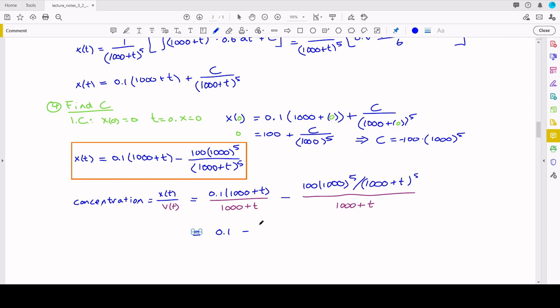So this is minus 100 times 1000 to the power 5 over 1000 plus t to the power 6. And that is our concentration as a function of time.